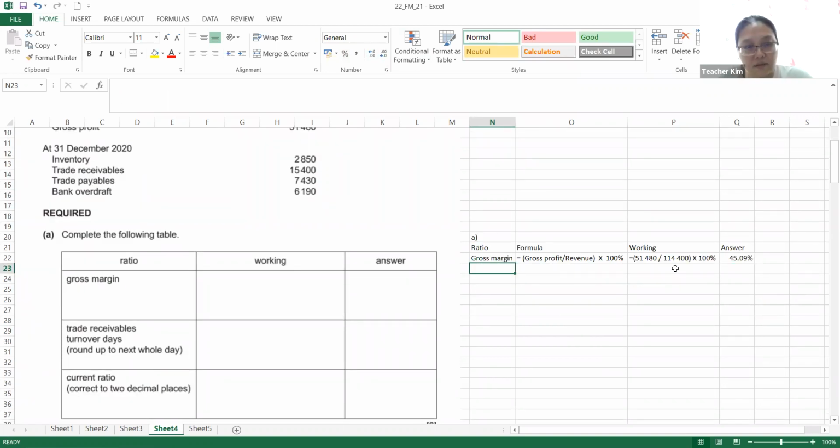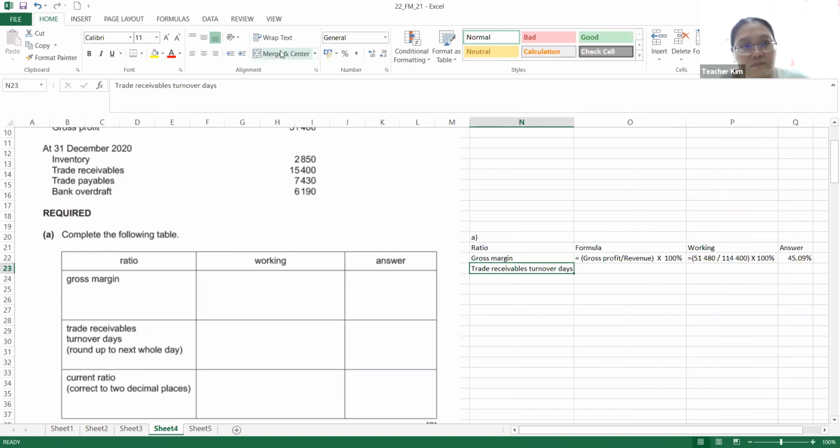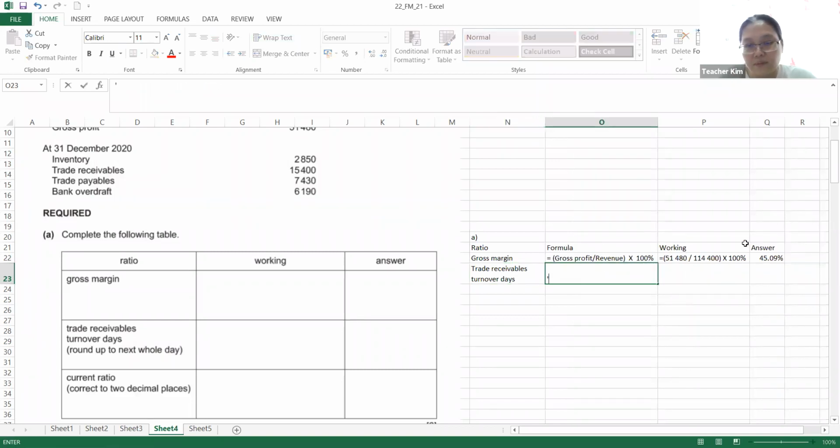Next is trade receivable turnover days. And the formula will be trade receivable divided by credit sales times 365 days.